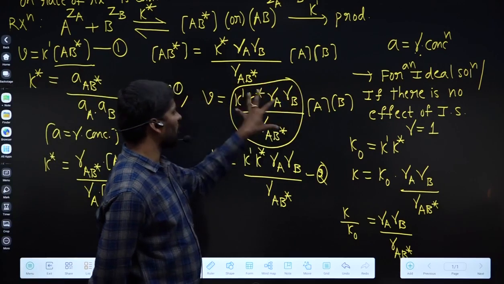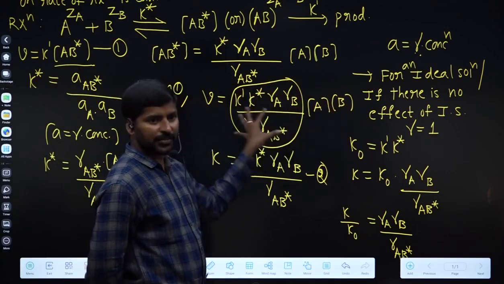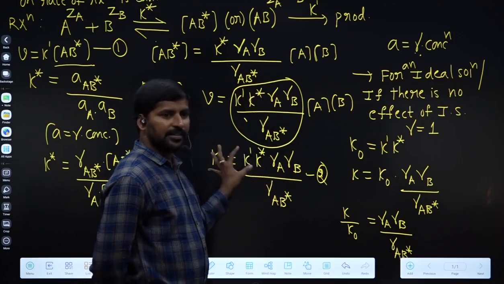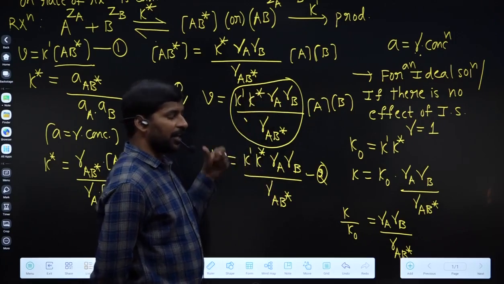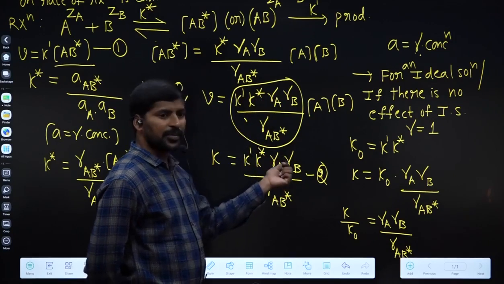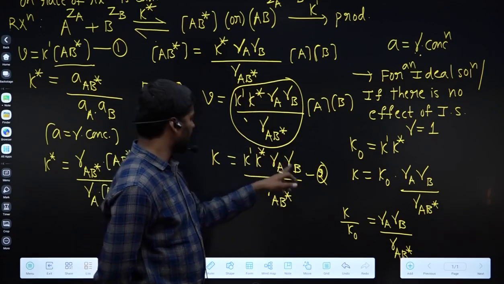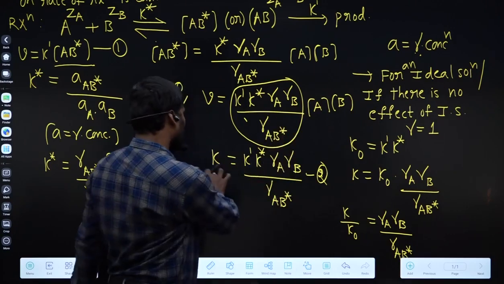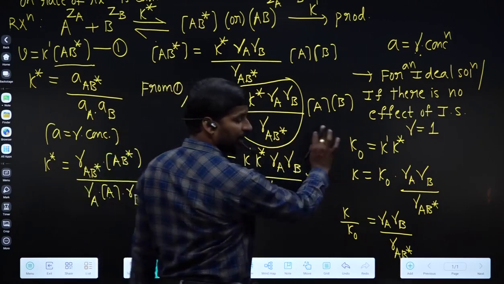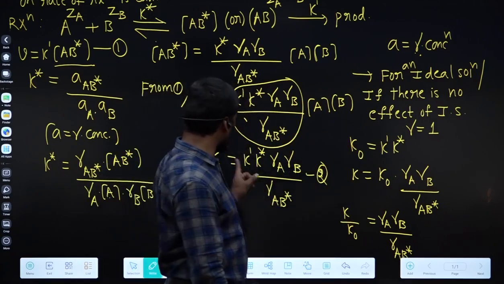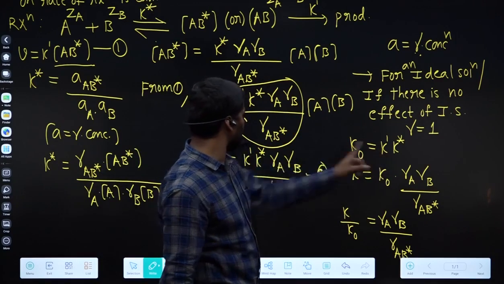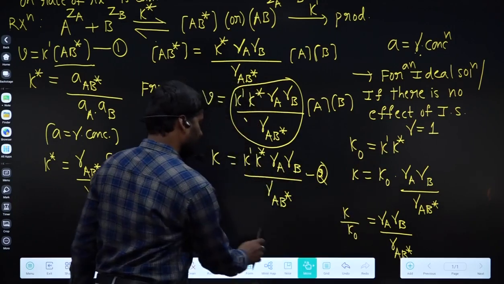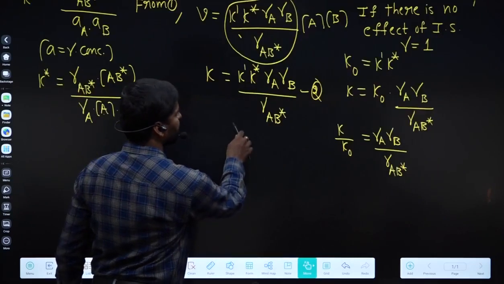Next, rate is equal to rate constant into concentration of reactant. So the overall, observed rate constant we are getting like this. This is in the presence of ionic strength. If ionic strength is absent or the solution is ideal, then gamma values become equal to 1, and the rate constant we indicate as K naught in the absence of ionic strength. So K naught is equal to K dash into K star. That we substituted in this equation. Finally we took the expression for K by K naught.